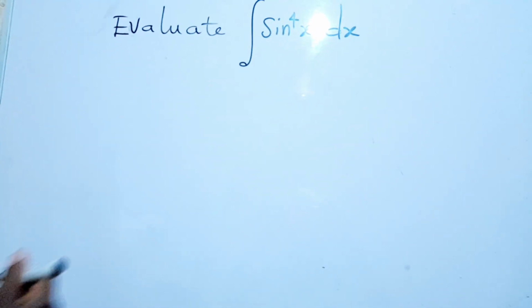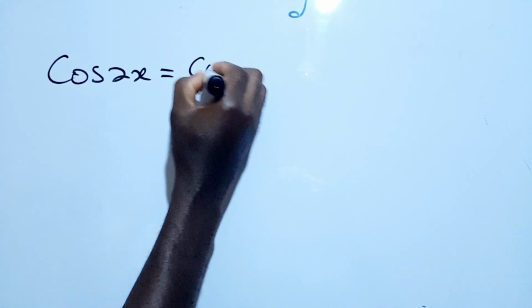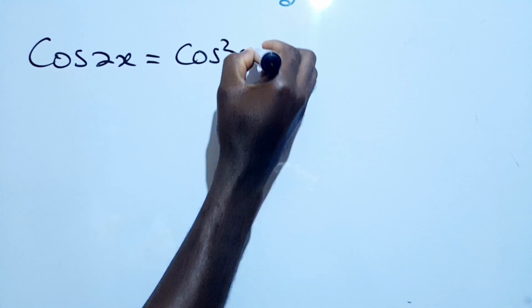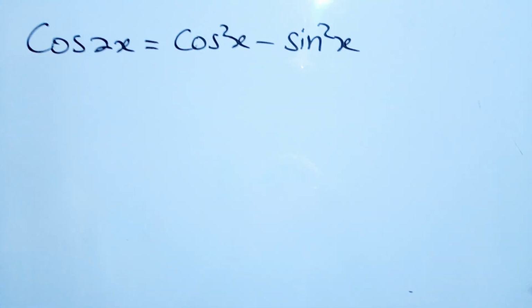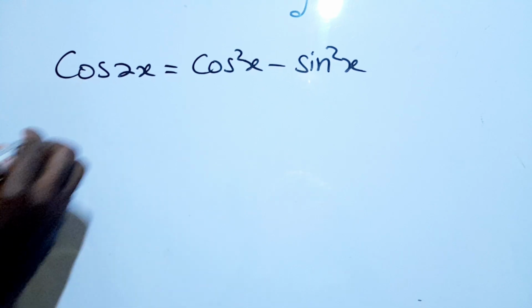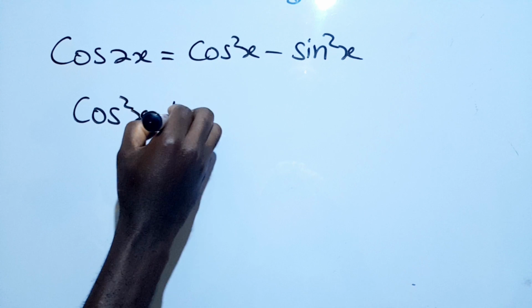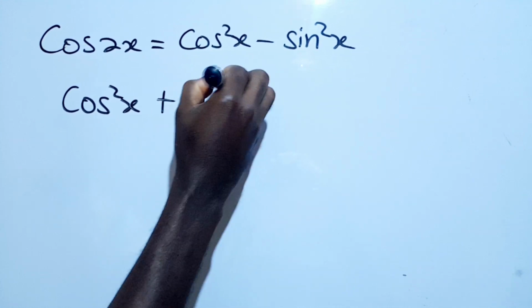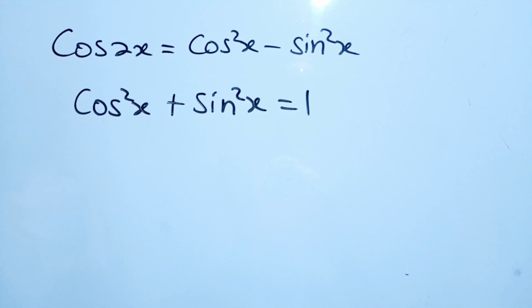Remember, from double angle, that cos 2x is equal to cos square x minus sine square x, and this came from compound angle. Also, cos square x plus sine square x is equal to 1 from trig identities.